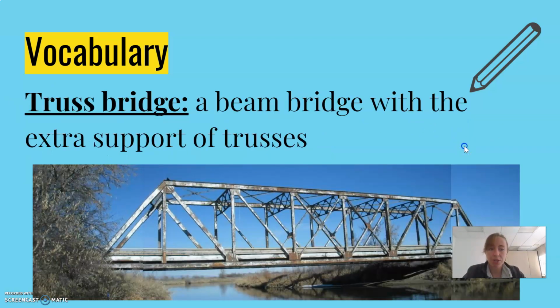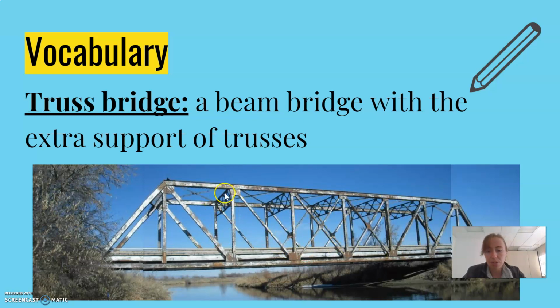And then we have a truss bridge, which is a beam bridge basically, but it has the extra support of trusses. You can see here we have the basic beam on the bottom, just like the original bridge we talked about, just a long flat surface. And then all of these little triangle parts are trusses. These diagonal shapes are helping keep this bridge supported.